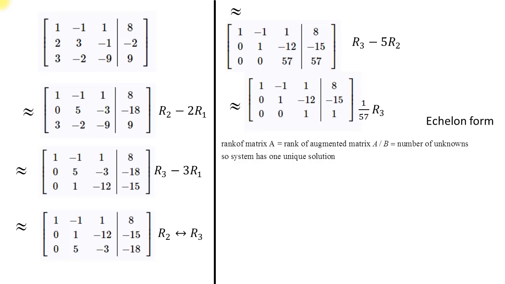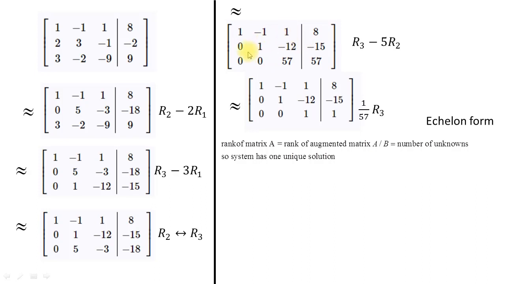Now for the echelon form, this entry will be 0. So multiply the second row by 5 and then subtract from R3. 5 times R2 subtracted from R3, we obtain 1, minus 1, 1, 8; 0, 1, minus 12, minus 15.